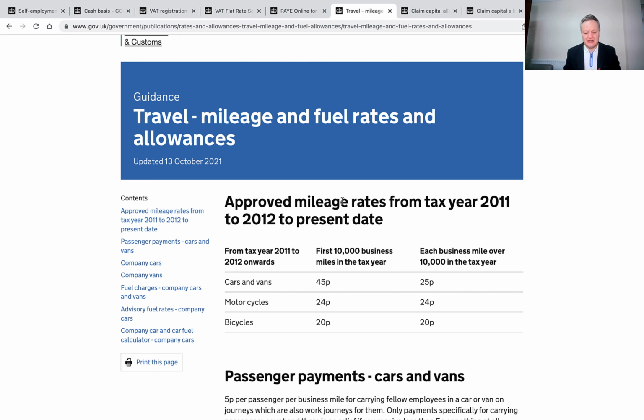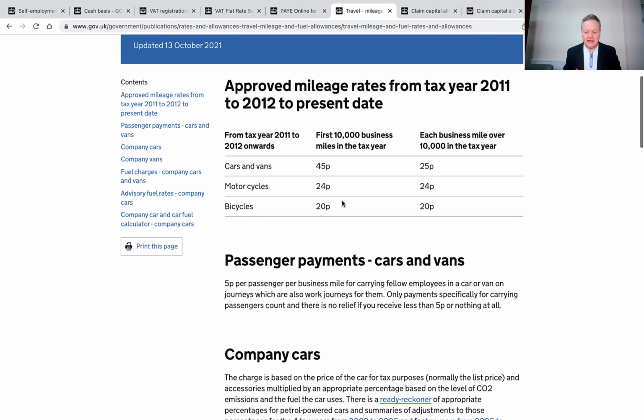The mileage rate, which I always find fascinating, is that there are 2 different types of rates, and there are 3 different categories. The first rate is based on your mileage up to 10,000 miles, and the second rate is beyond 10,000 miles. Now you have one here for cars, which I'm going to highlight for you.